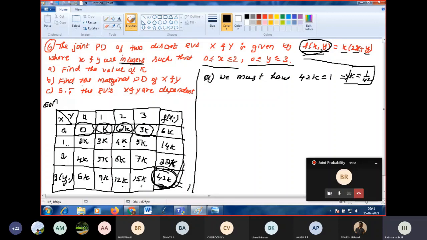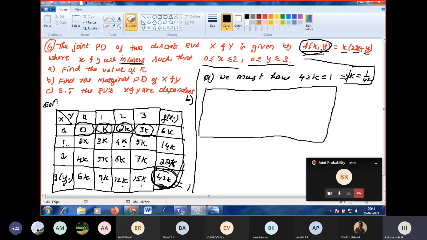Come to the second one, find the marginal probability distribution. You can reconstruct the table by substituting k values. Or you can consider the marginal distribution, that means only x values and f of x values. That also is no problem.